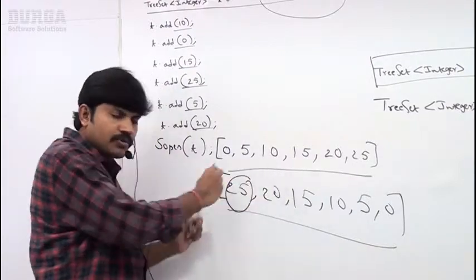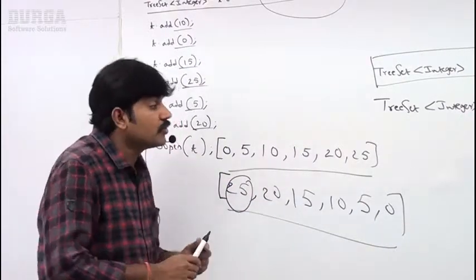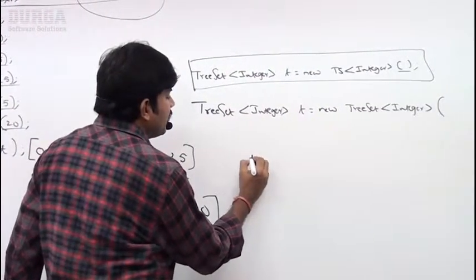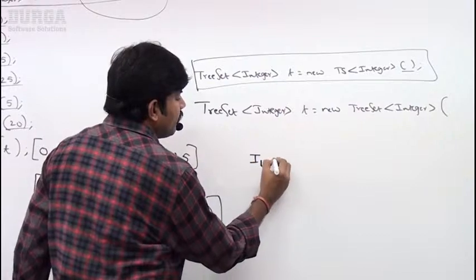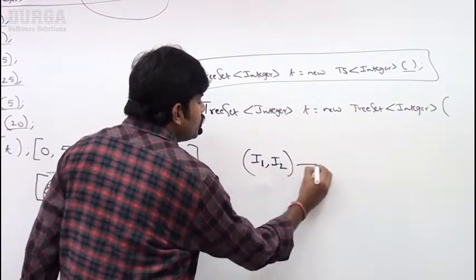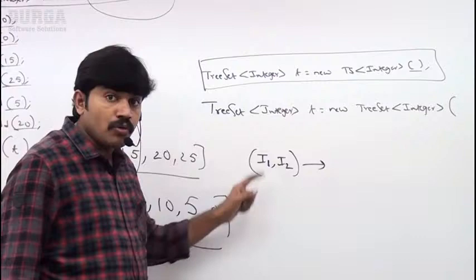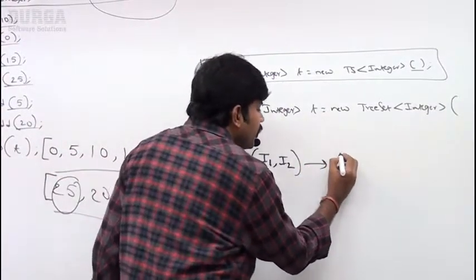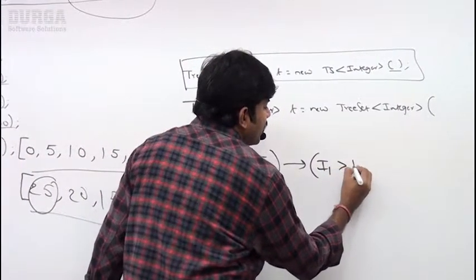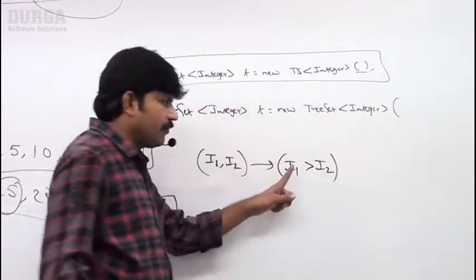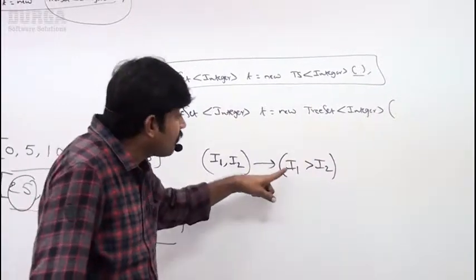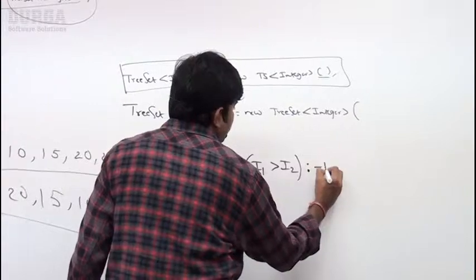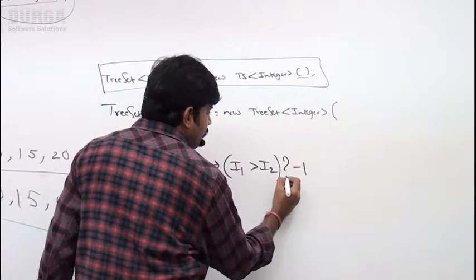The bigger value should come before, the smaller value should come after. How can you do that? Yes, sir, here I1 comma I2. Assume these are the arguments to the comparator compare method. If I1 is greater than I2, sir, the bigger value should come before. That's why before means -1. Okay, before means -1.